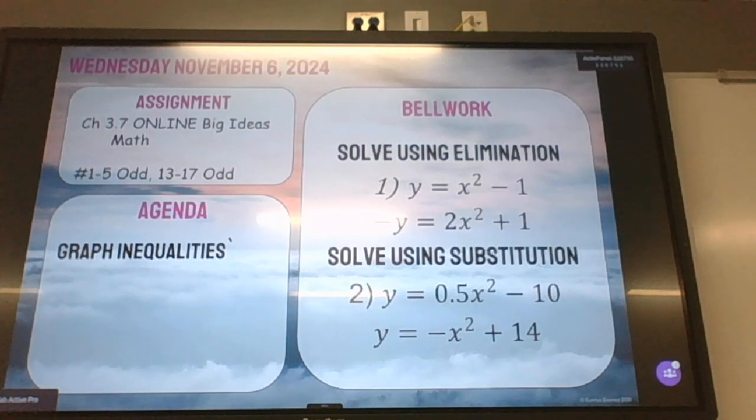When I add down, these cancel to be 0. 1x squared plus 2x squared is 3x squared. And negative 1 plus 1 is also 0. I know sometimes we get to 0 in our math and we worry that we've done something wrong. But this is it. We do have a 0 here.